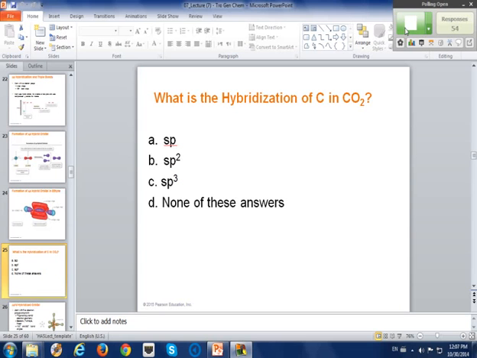And so you can understand the lowering of the potential energy in forming carbon dioxide based on the bonding in the carbon dioxide. And the bonding in the carbon dioxide depends on the hybridization about the central carbon atom. So what is the hybridization of carbon in this carbon dioxide?